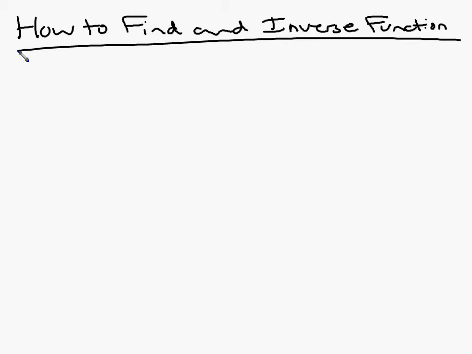We looked at simple examples like if the original function was 4x, then the inverse function was x divided by 4. That's pretty obvious. The inverse function will undo what the original function does. But there are functions that are more difficult than that, and what I want to do is give you some steps for finding the inverse.